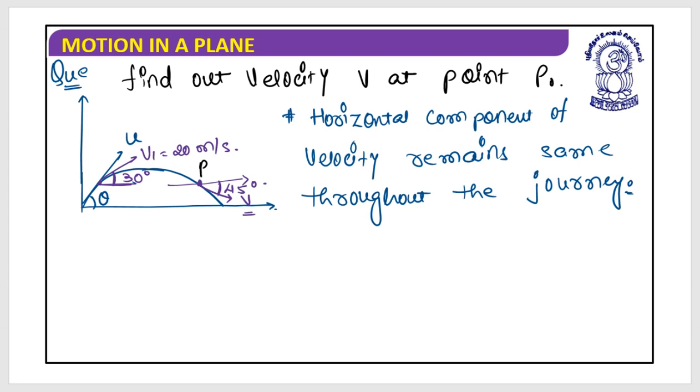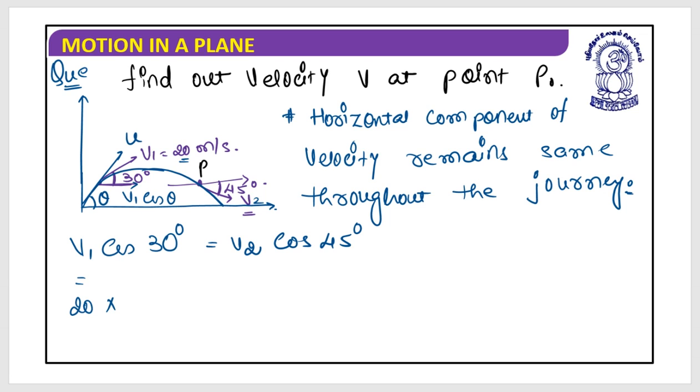So what I can write is, at this point it's v1 cos theta. Let's write this as v2, it's v2 cos 45. So v1 cos 30 degree equals v2 cos 45 degree. My v1 is 20, given in the data.